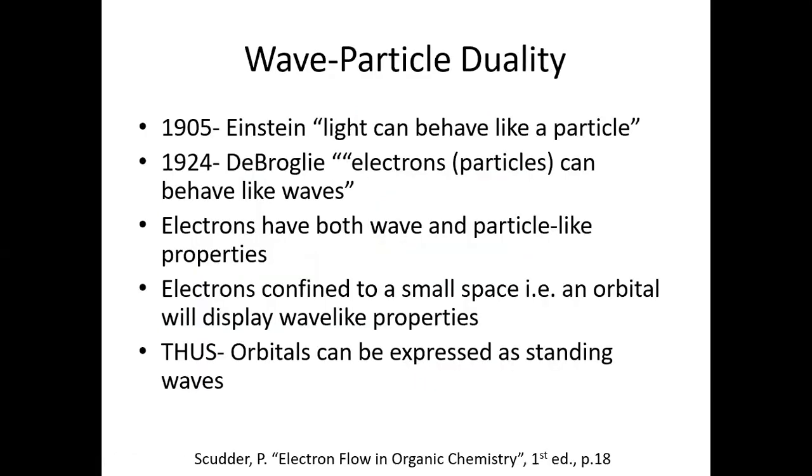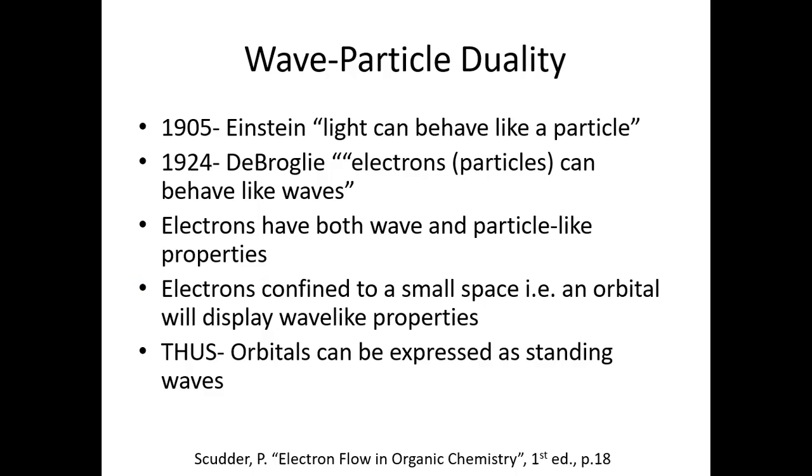All right, so the idea of taking the extended pi systems and developing a diagram to show how they bond, and which molecular orbitals participate in bonding and which don't, is based on wave-particle duality. In 1905, Albert Einstein had a theory that light can behave like a particle.